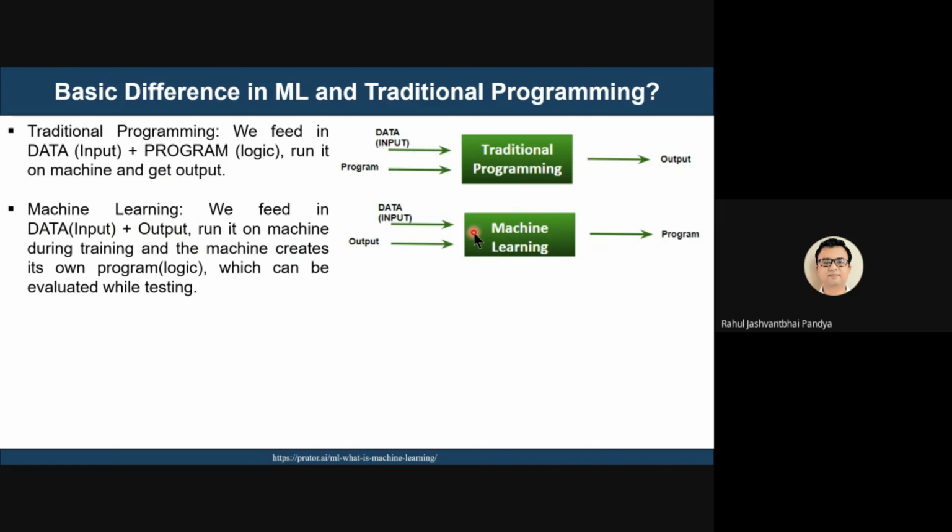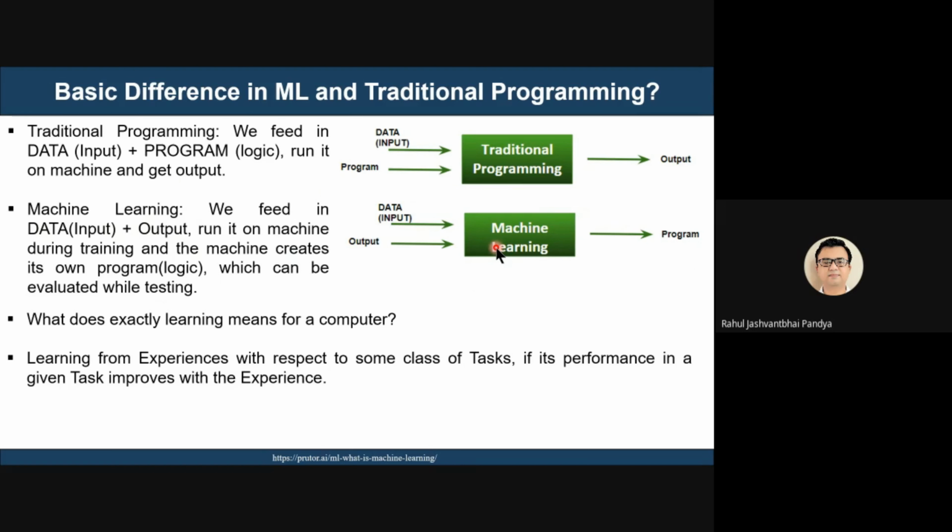And when the real input is given, when the output is not known, then based on the previous input and output experiences, the machine will try to produce the outcome. And generally the program is also generated by the model during the training process, right? And what exactly does learning mean for the computer, such as learning from experiences with respect to some class of tasks.